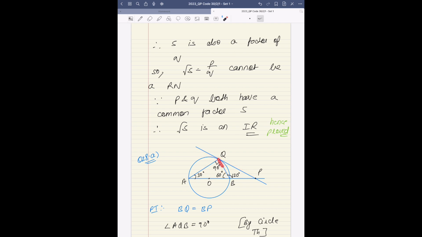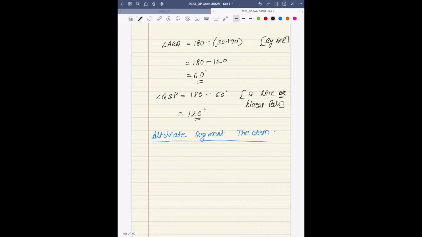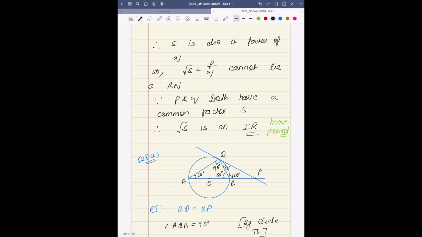So if you see, this is a chord, so this becomes your minor segment, this becomes your major segment, right? So this is your alternate segment. In short, this angle is nothing but 30 degrees. Okay, so angle BQP is 30 degrees, right?